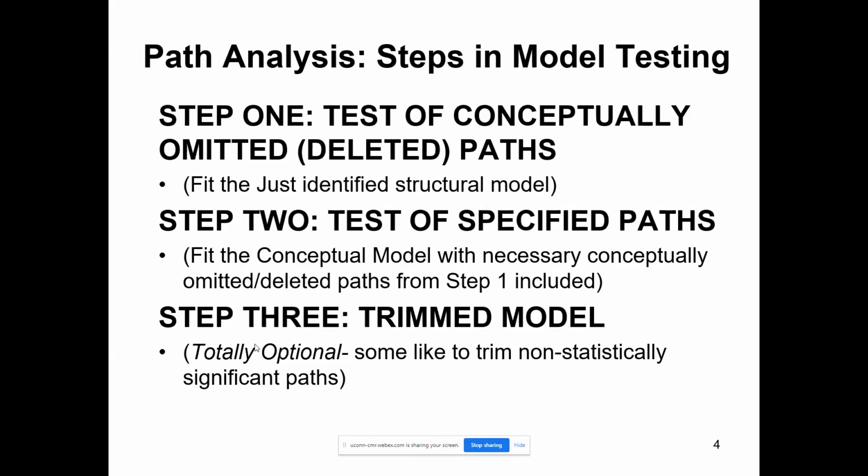Did it really look just like this? Being able to show what the parameter estimates were before and after trimming is really nice, because in step 3, the trimmed model, the paths you leave in are not going to be identical, but they should be really close, right? They should not be different enough to make a difference between the step 2 paths and the step 3 paths. Anyway, other questions?